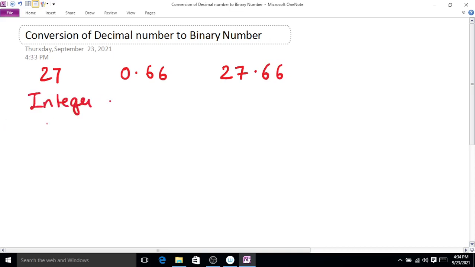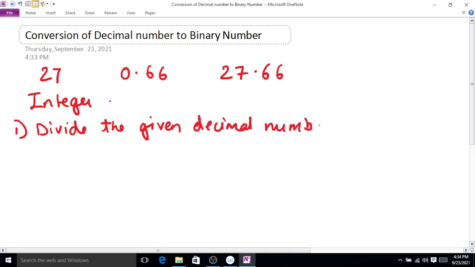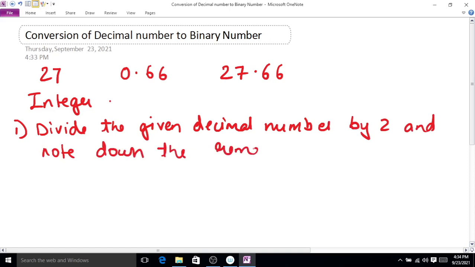So to convert the integer part of a decimal number system to binary, we have three steps. First, divide the given decimal number by 2 and note down the remainder.